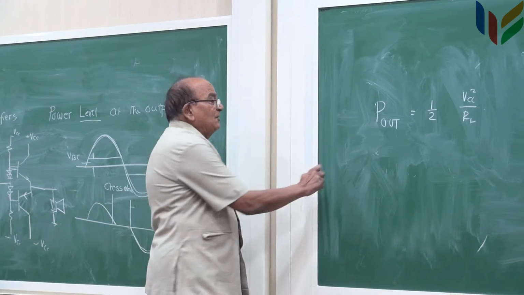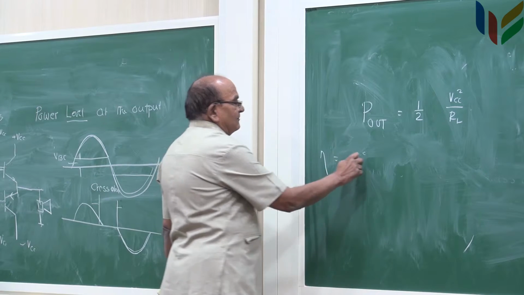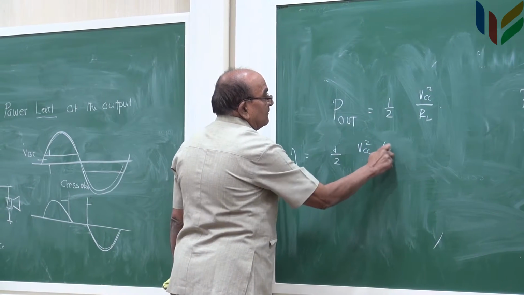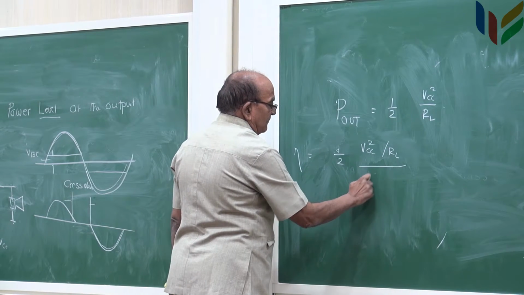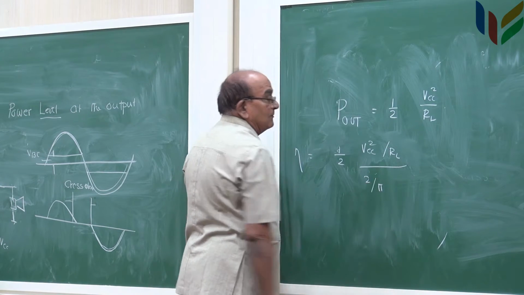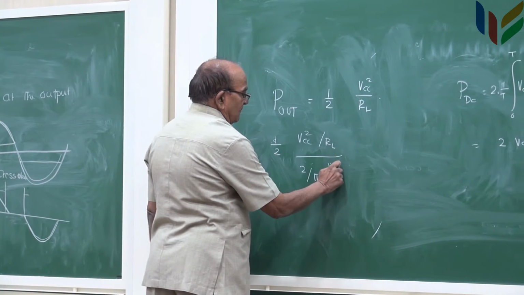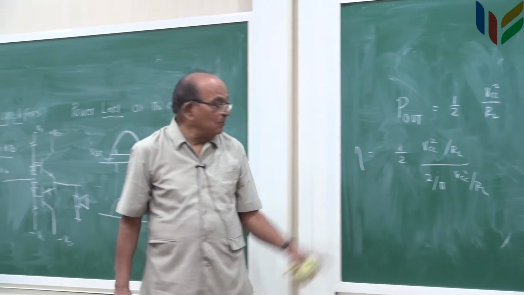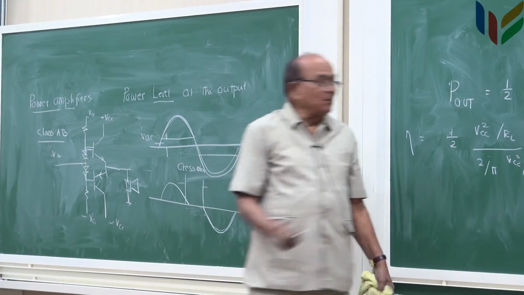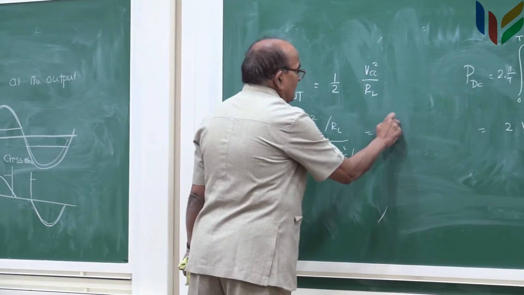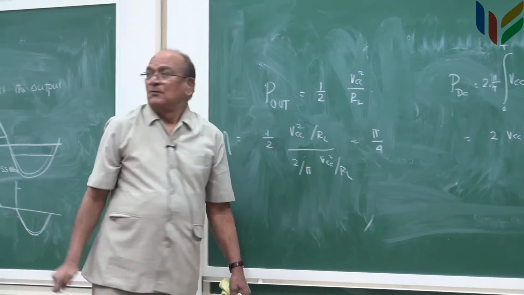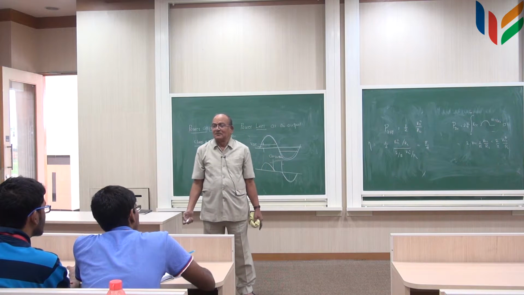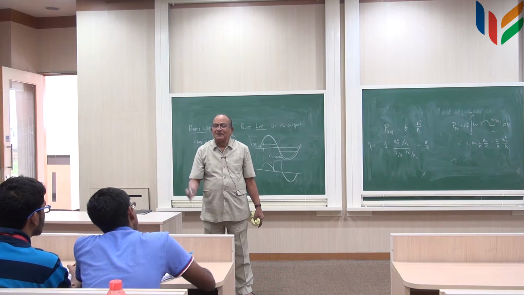So, what is the efficiency? And how much does it come out to be? Pi by 4. And what is pi by 4? 0.78 approximately.